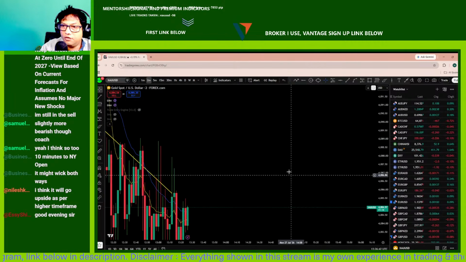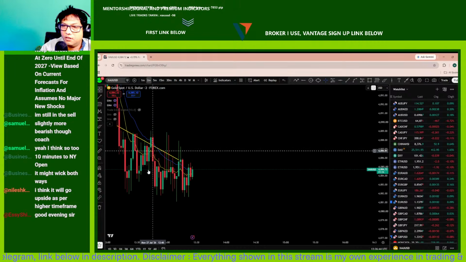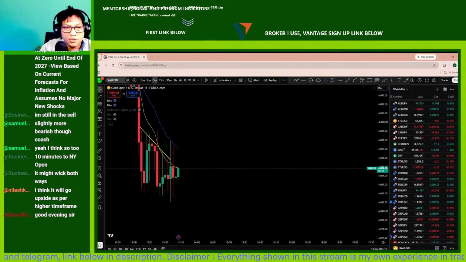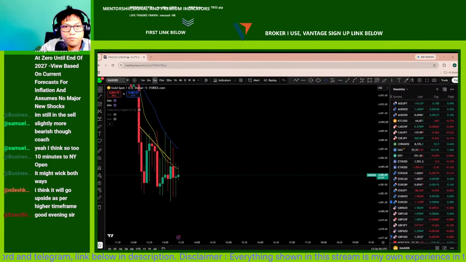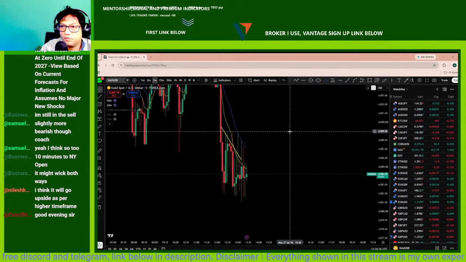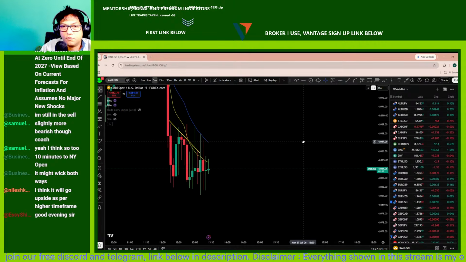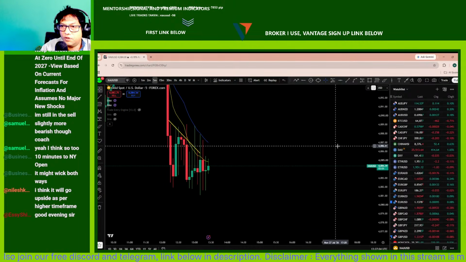Okay, from here you can see the market is slowly breaking to the upside and can trigger upside liquidity. Very unusual price action.